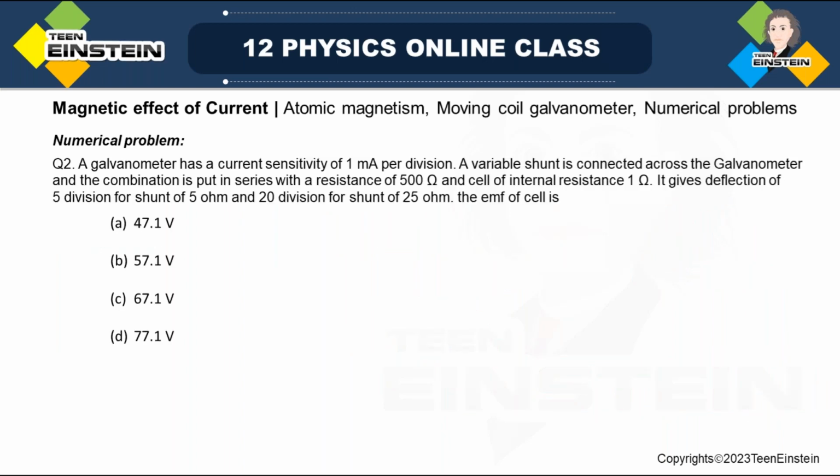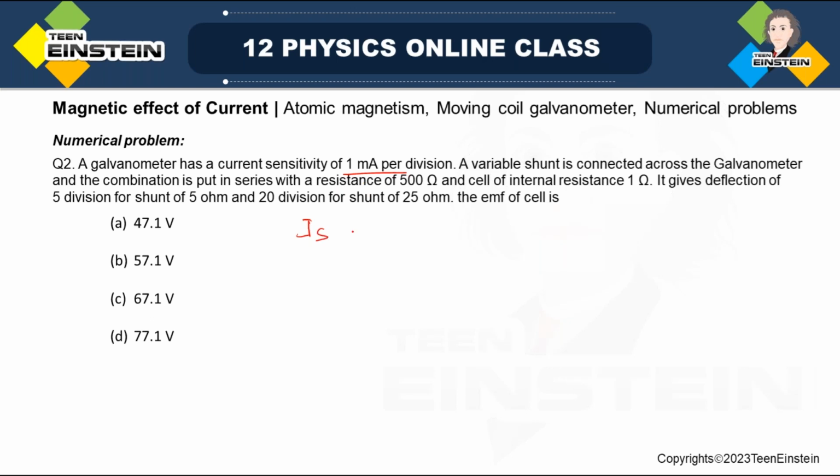This is actually an elaborate problem, and sometime in AIIMS exam it was being asked. So a galvanometer has a current sensitivity. See, in the previous day we had learned current sensitivity. What do you mean by current sensitivity?